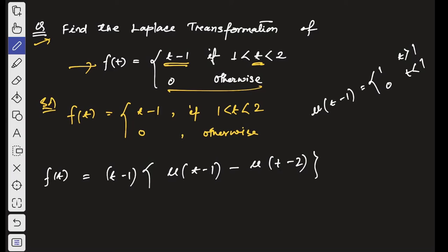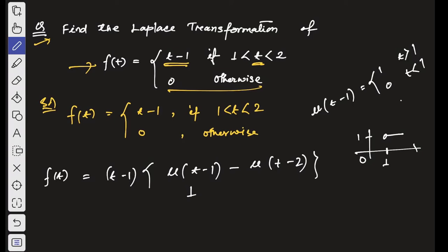By the definition of the unit step function. So where you see values, this is 1, this is 0, between 1 and 2, if the value is greater than 1, then the function gives you 1, right? This function will give you 1.